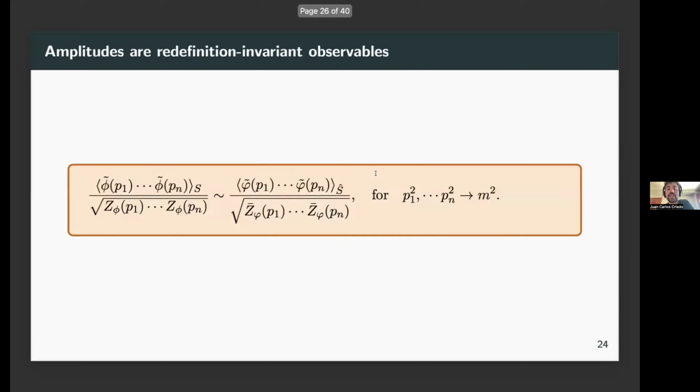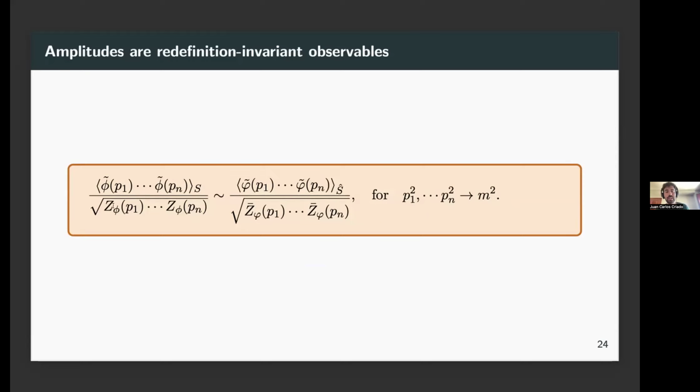So that's the general statement about the Green functions. If you remember, I had an equation with this on the left and this on the right, but there was a not-equal sign in between. Now these two things are equal asymptotically as you approach the on-shell limit if you normalize both things.